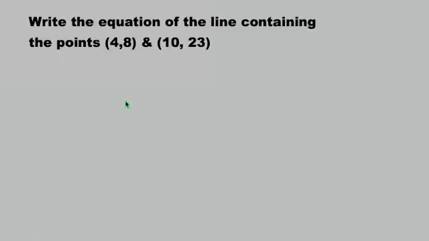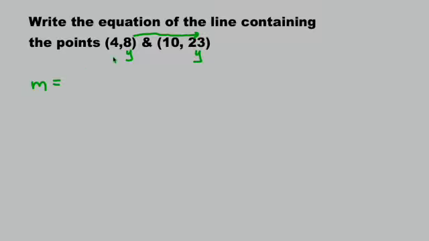All right, so in this scenario, you don't know the slope, and all you know is 2 points. So let's take a look at how this would work. First of all, let's go ahead and find the slope. To do that, we're going to need to know the change in y. Our y's are 8 and 23, and to get from 8 to 23, we're going up 15 because 8 plus 15 is 23.